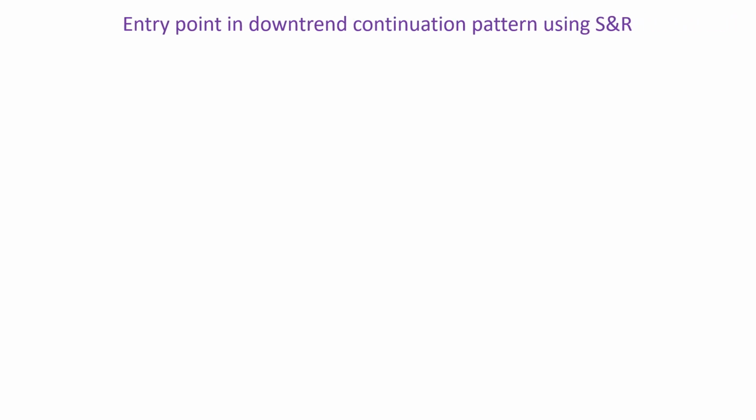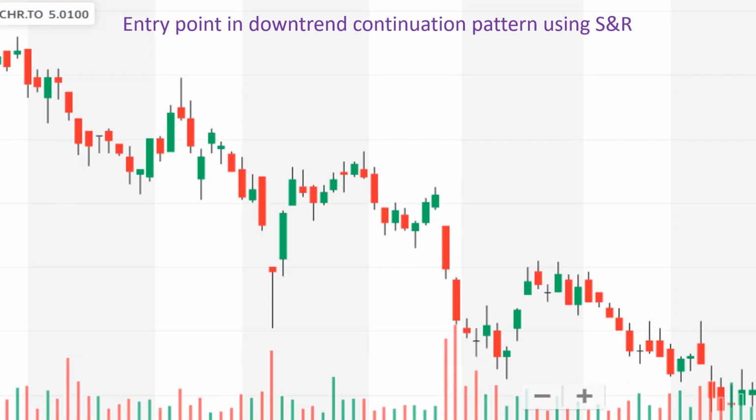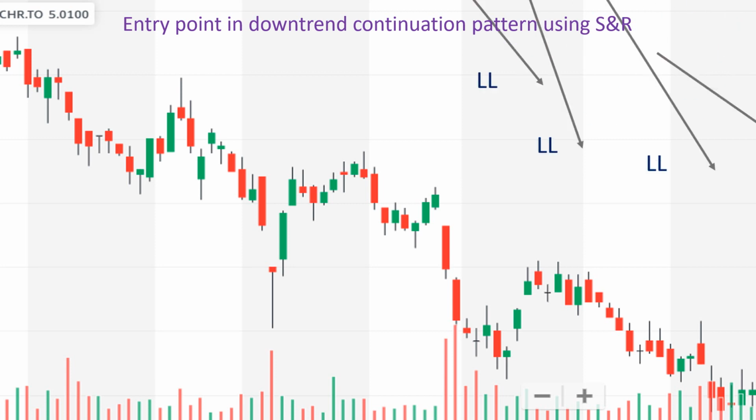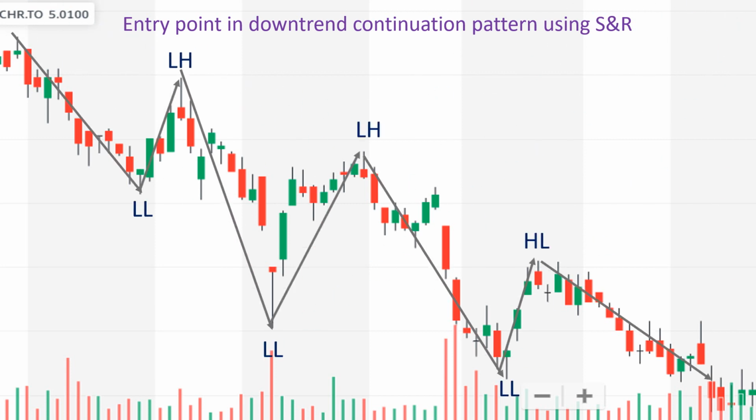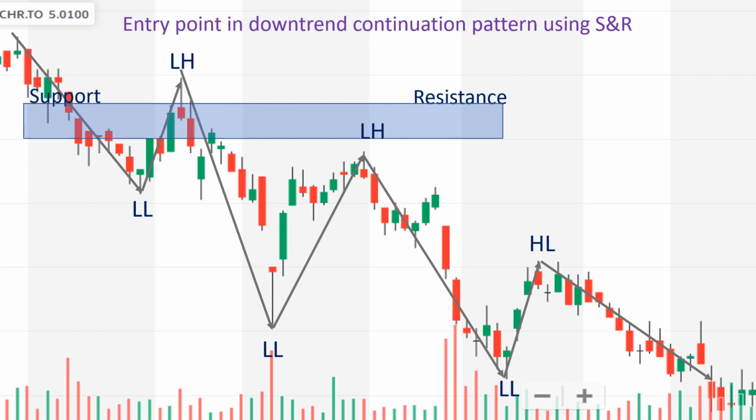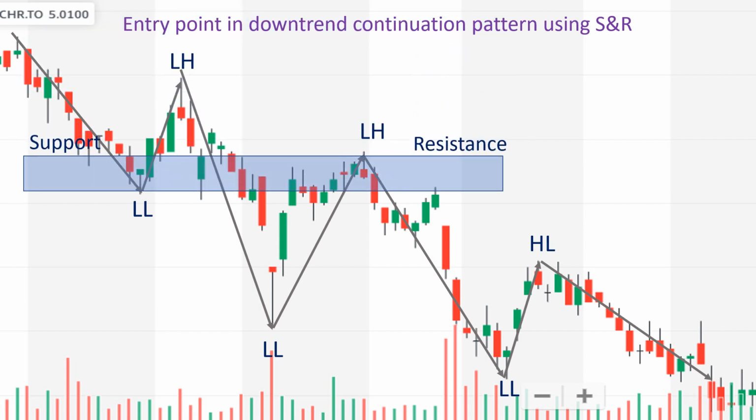Entry point in downtrend continuation pattern using support and resistance level. This is Euro British Pound, D1 time frame. The price is making lower swing lows and the pullback is making lower swing highs, and these are the characteristics of a strong downtrend. At this stage, we can draw our support and resistance right here.